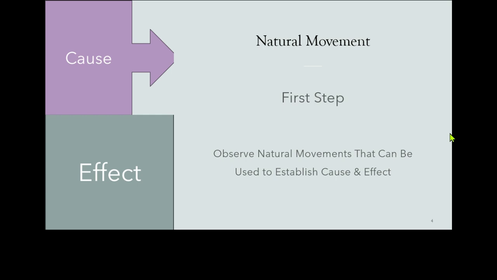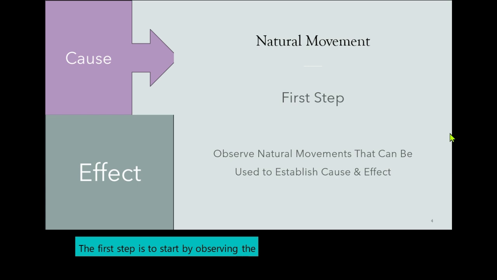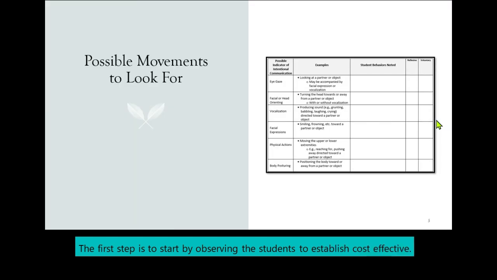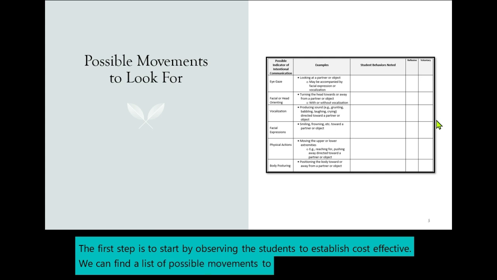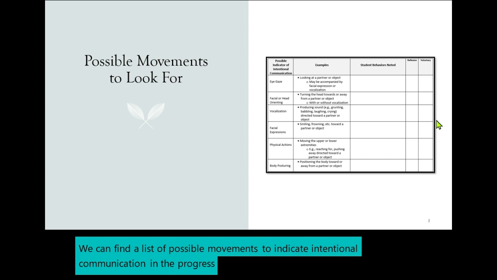The first step is to start by observing the student's natural movements that could be used to establish cause and effect. You can find a list of possible movements to indicate intentional communication in the progress monitoring checklist.